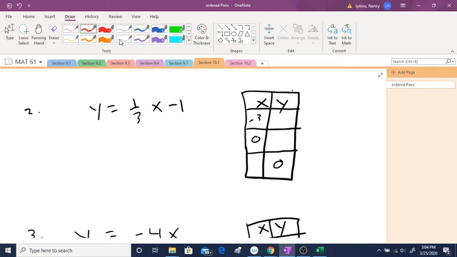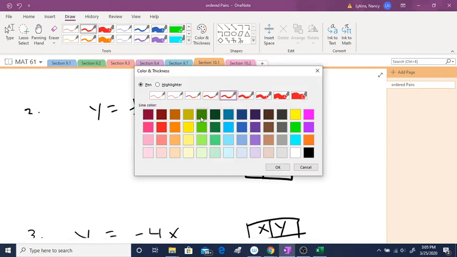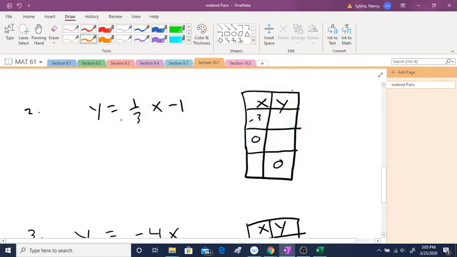Okay, let's try this one. You got y equals 1/3 x minus 1, and I'm giving you x is negative 3, 0, and y is 0. So let's do the first one, negative 3. y equals 1/3 times negative 3 minus 1. I like this problem because the 3's do cancel.